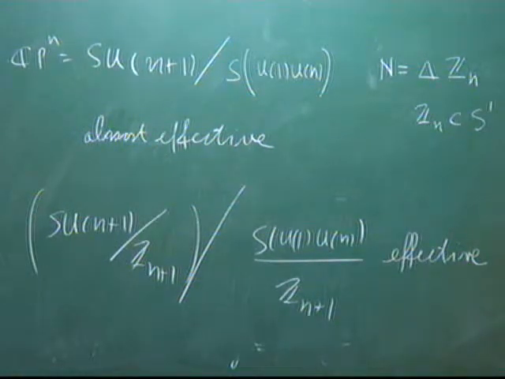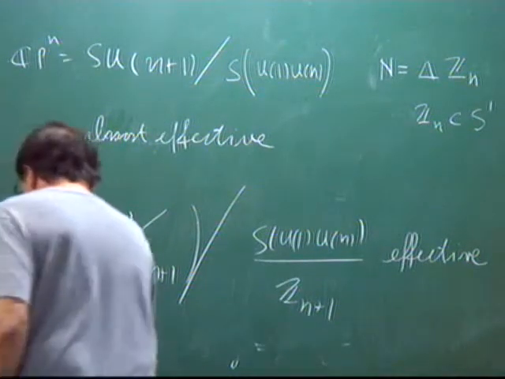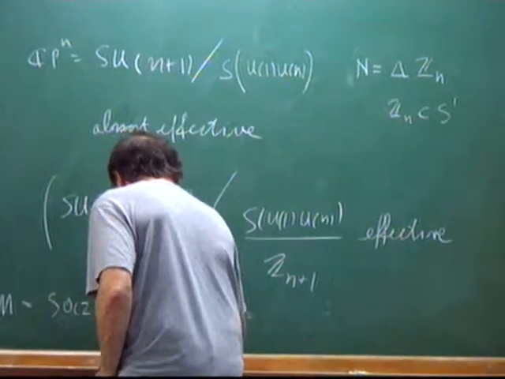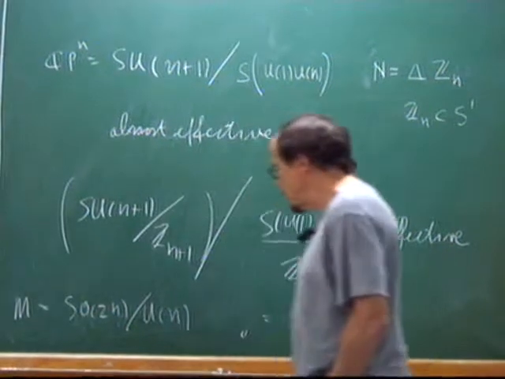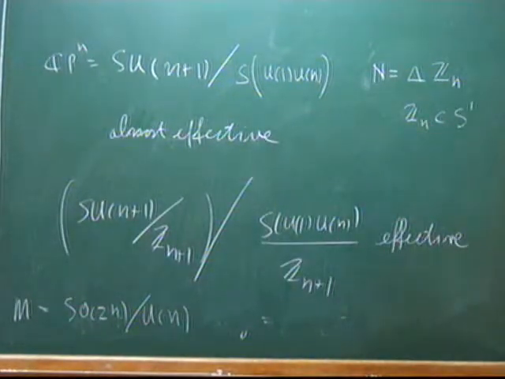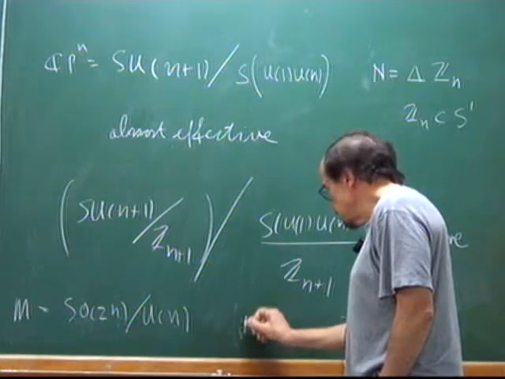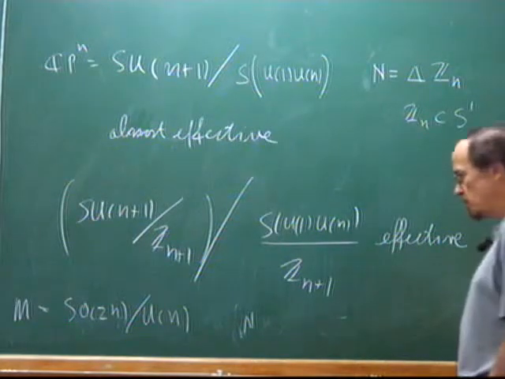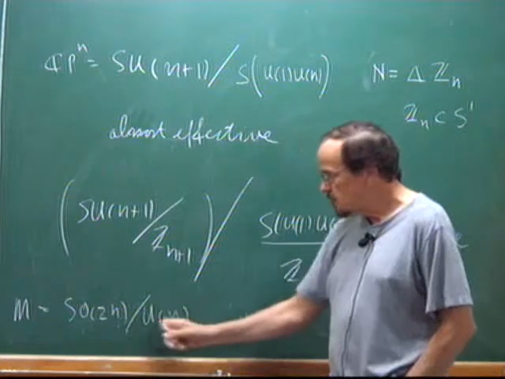For example, even if I look at M equals SO(2n) mod U(n), a nice simple homogeneous space. What's the ineffective kernel in this case? So what normal subgroup do they have in common?